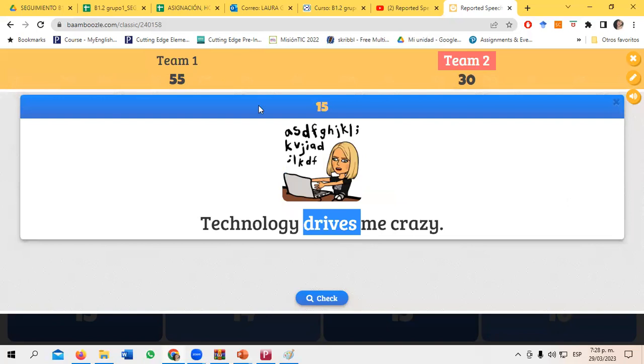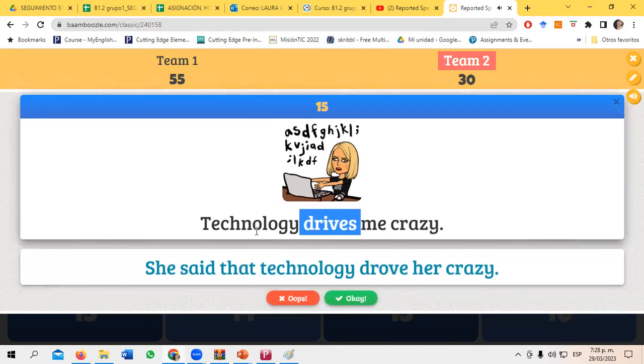La tecnología me enloquece. She said that technology drive... Wait. What is the past of drive? Drove. Yes. Technology drove me crazy. Also, we have to be careful with this.